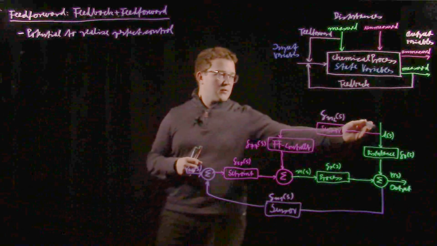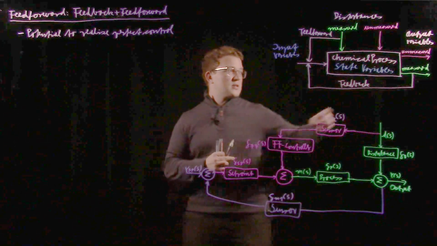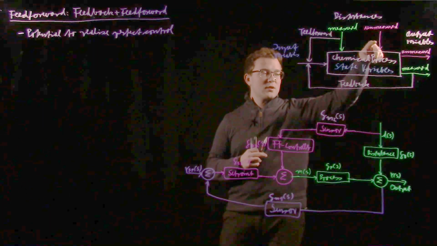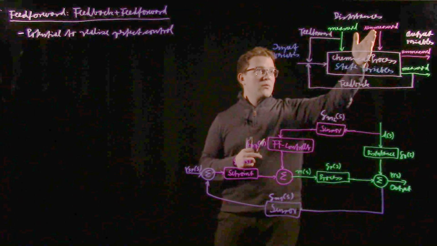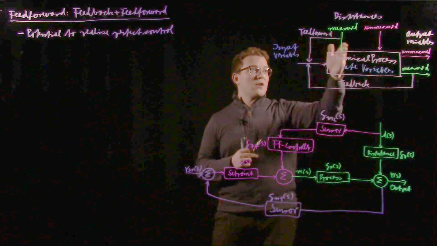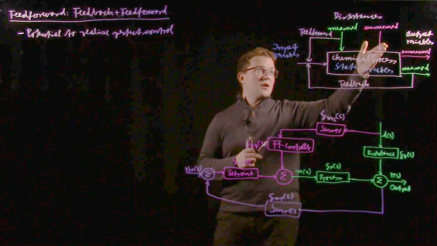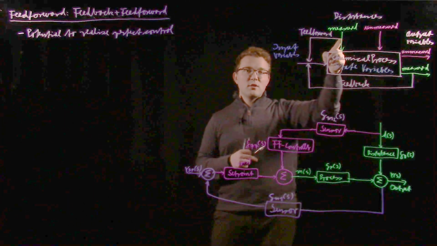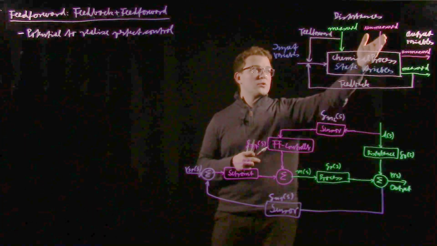Because if we have some kind of disturbance which is not measurable, then we also can't feed it forward. So here you have the split between the measured and the unmeasured variables, because we can only use in the feedforward part what we are also able to measure.